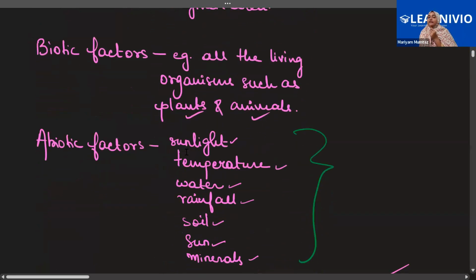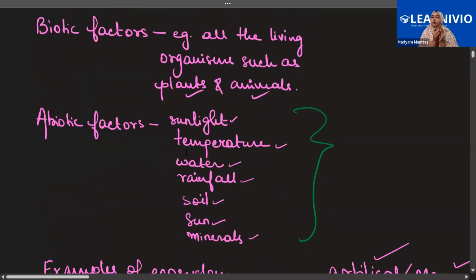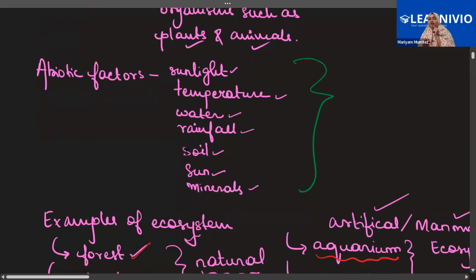Then come the biotic factors, meaning the biotic components. Like I told you, these are all the living organisms, not just plants and animals, but also microorganisms and human beings. Talking about the abiotic factors, these are non-living, such as sunlight, temperature, water, rainfall, soil, and minerals.